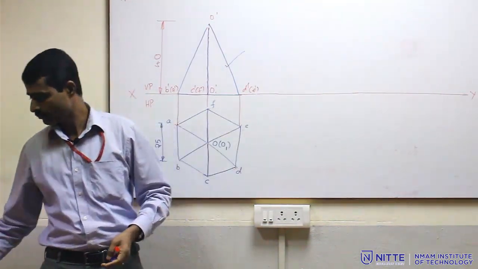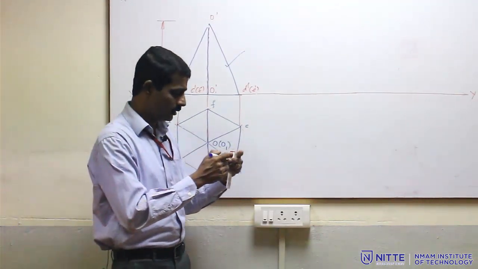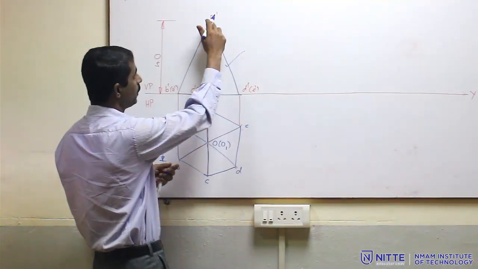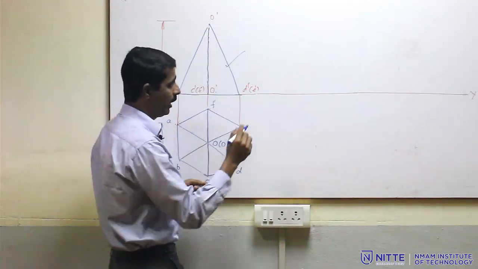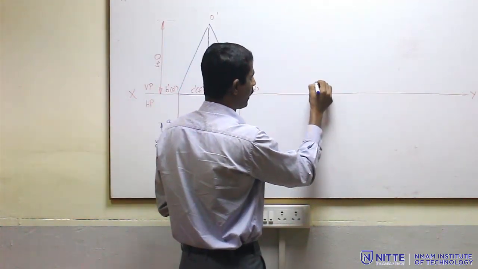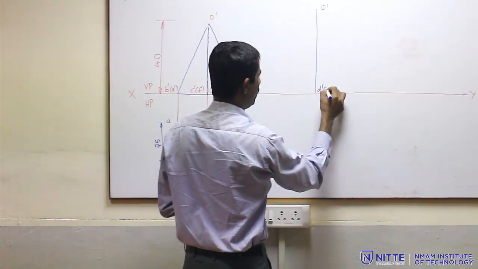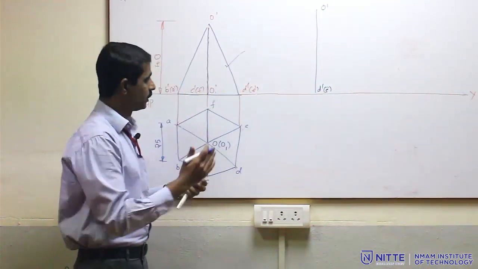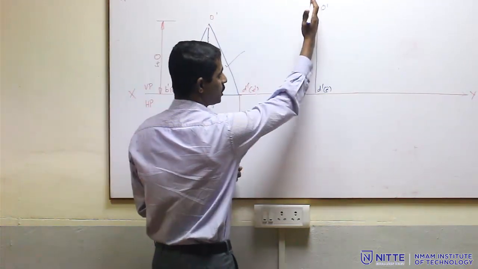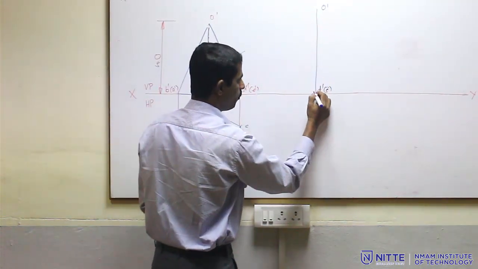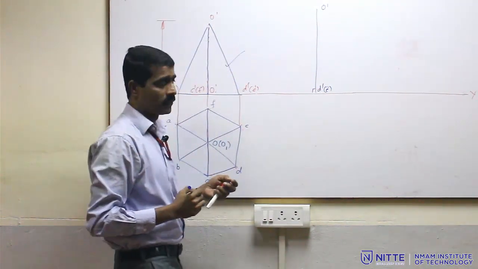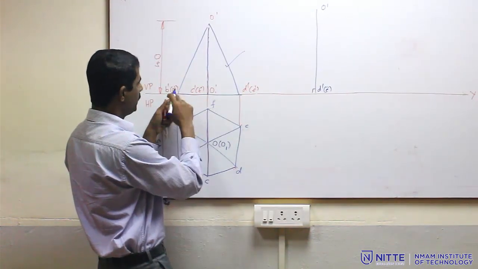In the sketch here, what I am supposed to do is measure this length D dash O dash and draw a straight line, D dash E dash. So, make this particular line straight, perpendicular to HP. Then how to obtain this point?